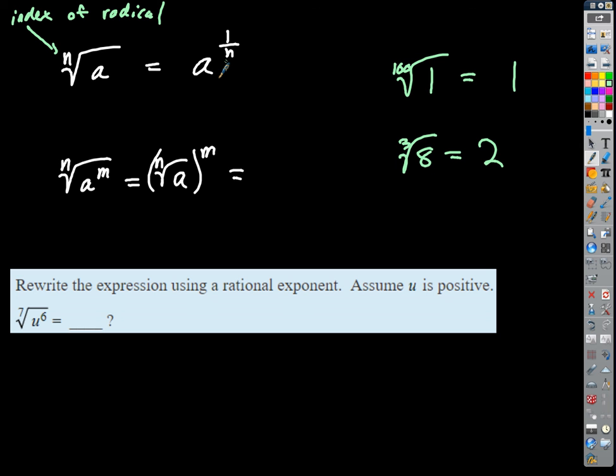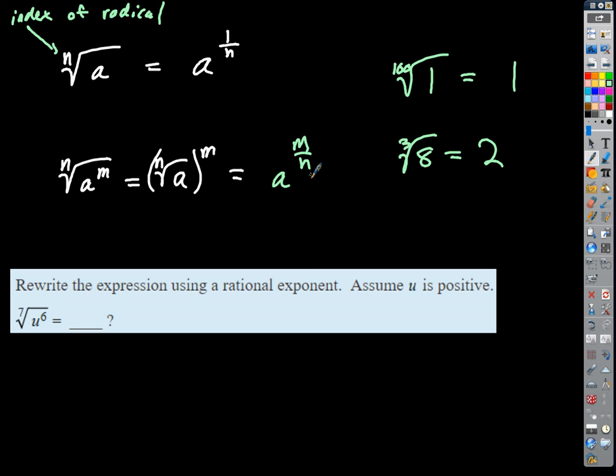Okay, we can go one step further. If we're taking an nth root of some number to an exponent, then I can also write that as a fractional exponent. Well, we know that the n, the index of the radical, goes on the bottom of the fraction. Where do you think the m goes? On the top. So we could write this as a to the m divided by n power.